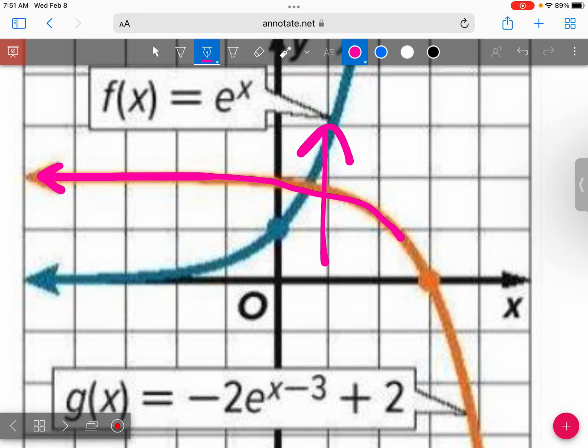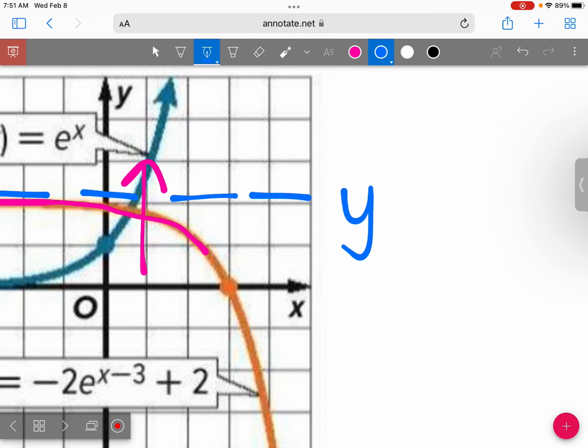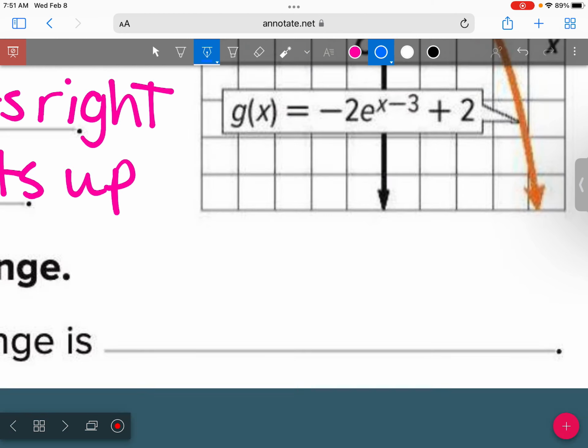So the blue dashed line I'm drawing here, that's our asymptote. It's along y equals 2. As x goes towards negative infinity, the orange line is going to keep getting closer and closer to that dashed blue line. So the range is going to be negative infinity to 2.